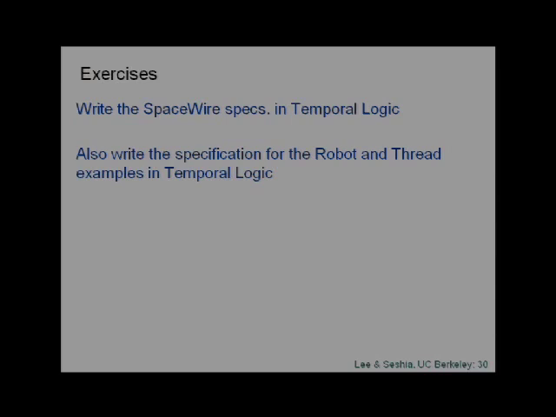P1 until P2 holds if and only if P2 holds in the future and P1 holds in every state until P2 holds, right? So there are 2 components of the definition. P2 should hold sometime in the future, and then for all states before that, P1 must be true.